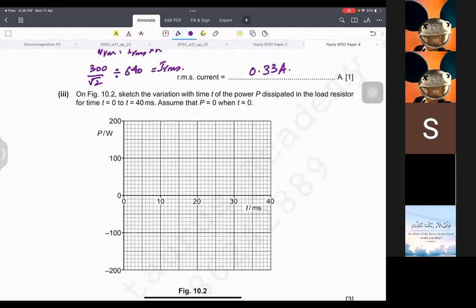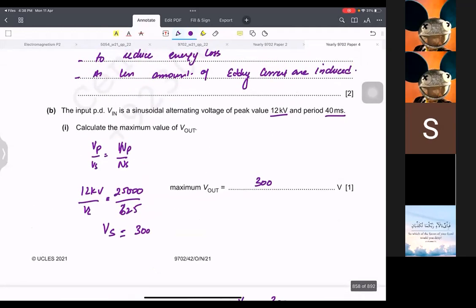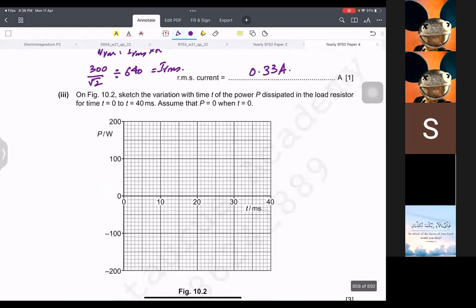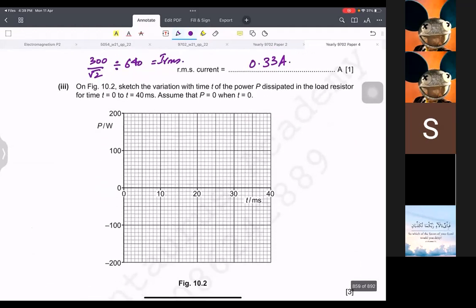Now, sketch a graph of the variation with time of the power dissipated in the load resistor. This is something we have to do. We have the resistance, the voltage, and the current. Power equals I squared R. We haven't taken RMS, so we shouldn't really do this.